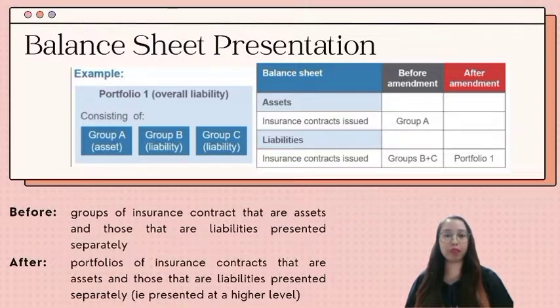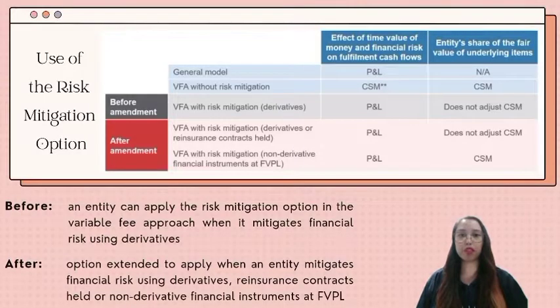So before ng amendment, ipepresent po ni entity yung Group A as an asset, tas Group B and C as a liability, as shown po sa example. After po ng amendment, sa liability lang po meron dahil yung portfolio po ay overall a liability. And portfolio na po yung nire-require ni IFRS 17 and hindi na po by group to simplify yung presentation ng insurance contracts.